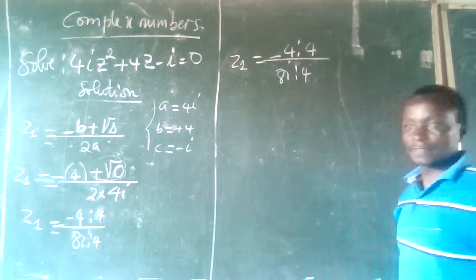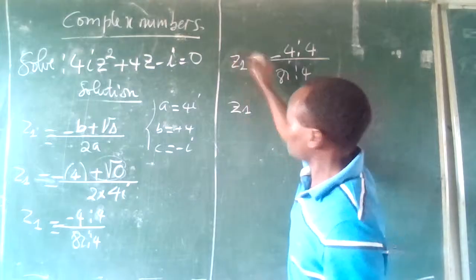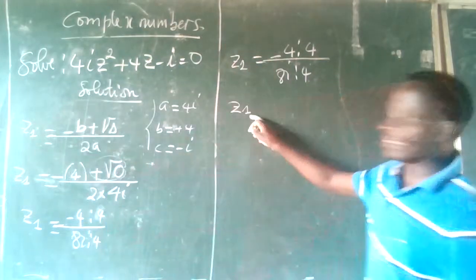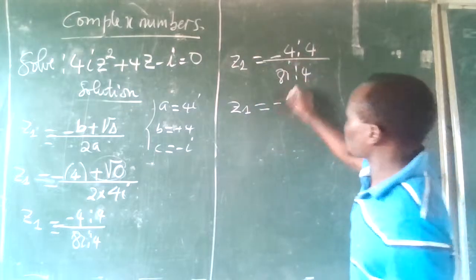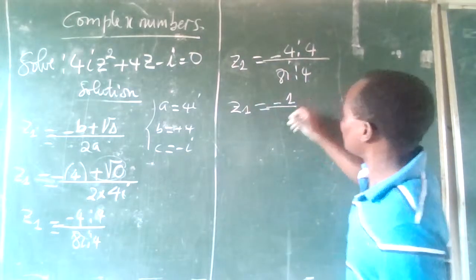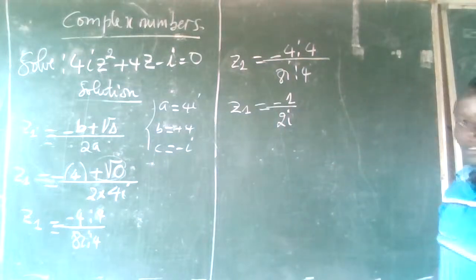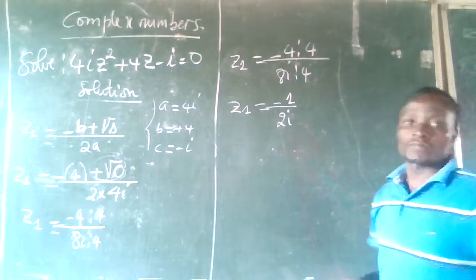Yeah, like that. So now we remain with Z as our Z here. Yes, this Z will be minus 1 over 2i. Yes? Now, if we are here, what should we do?